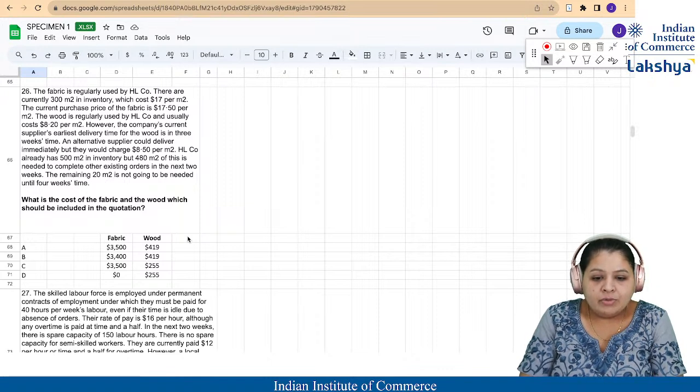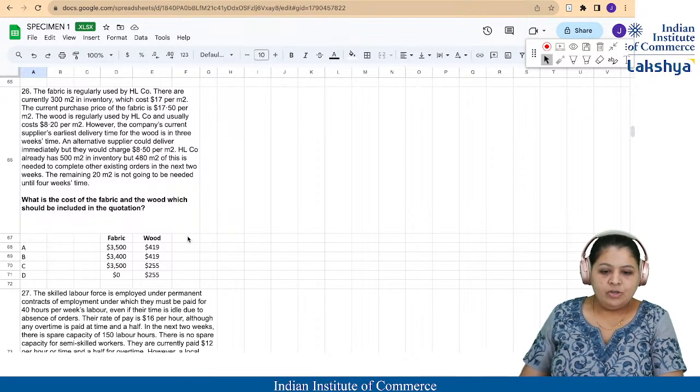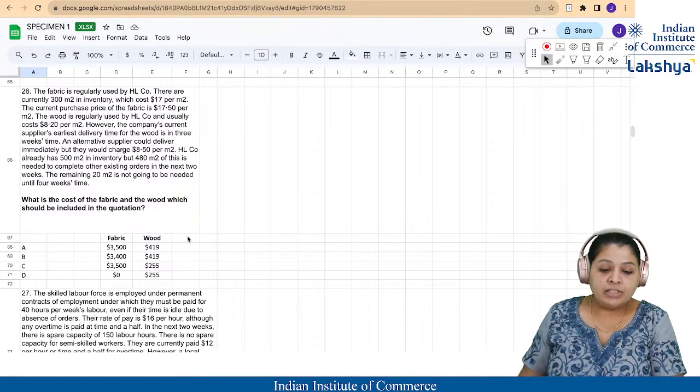Wood is regularly used by HL and usually costs 8.2. However, the company's current supplier's earliest delivery time for the wood is in 3 weeks' time, so they don't have wood directly right now. But an alternative supplier could deliver immediately but would charge 8.50.